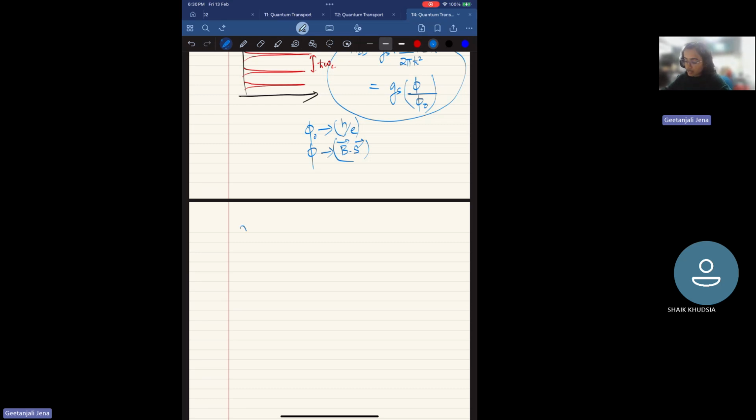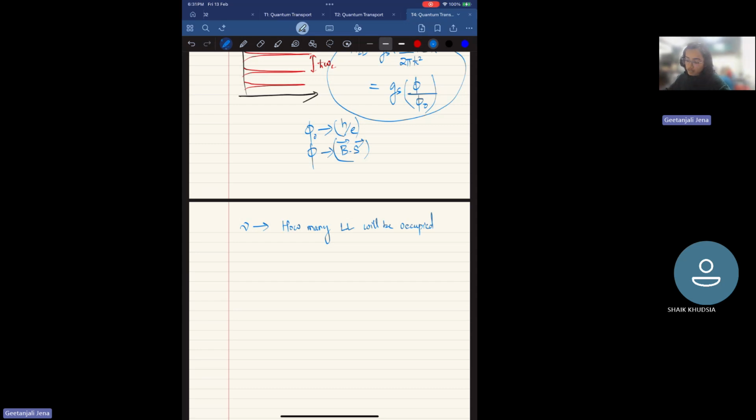For that, we can calculate the filling factor. The filling factor tells us how many Landau levels will be occupied for a given magnetic field and for a given electron density.